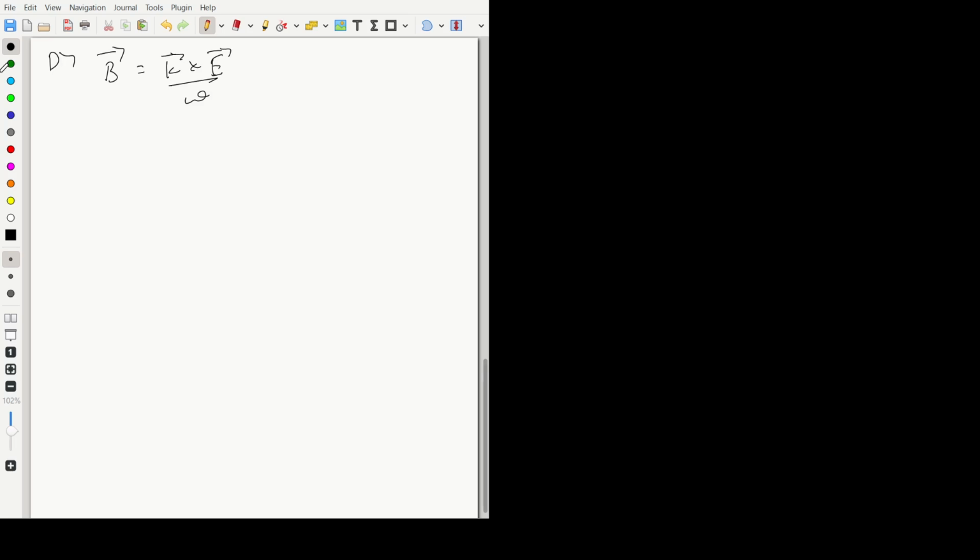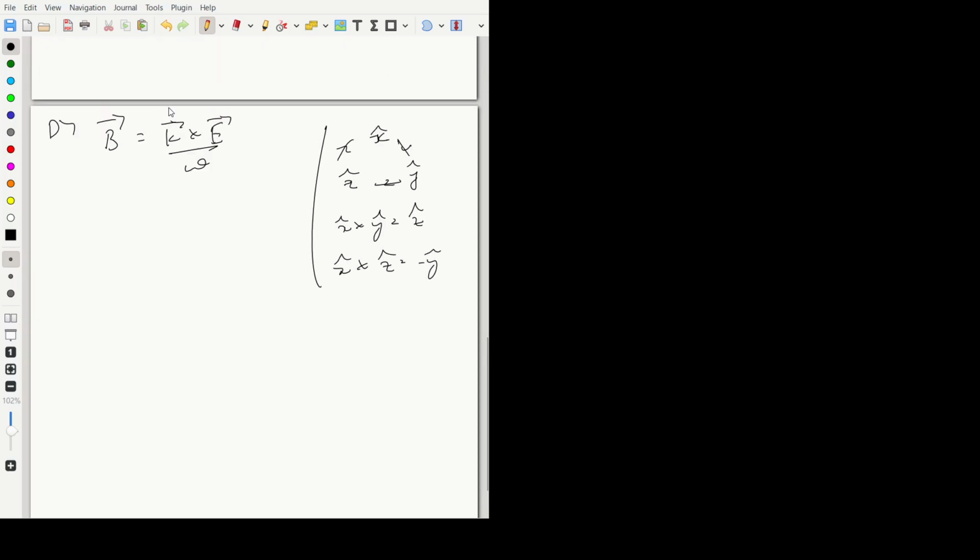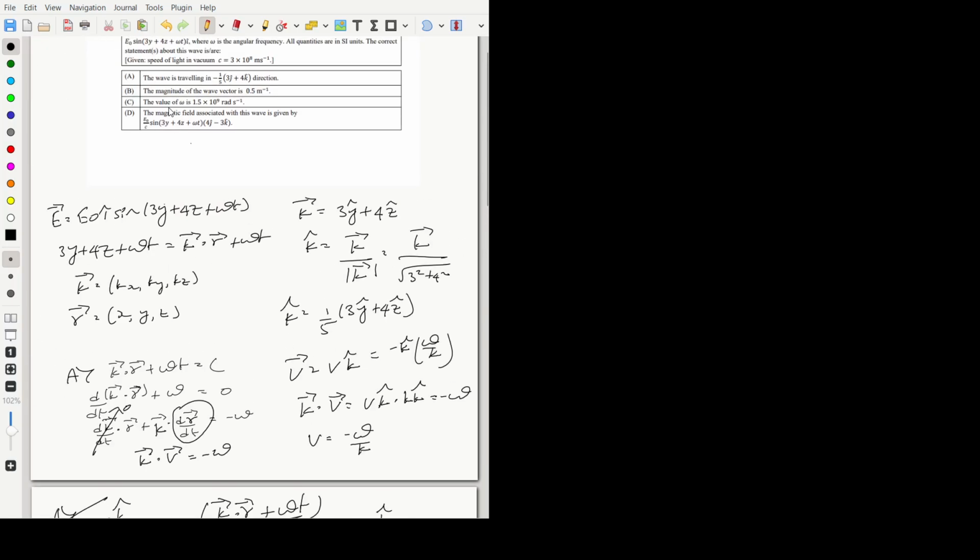You must be familiar with the unit vector cross product rules. If it goes clockwise, for example, x cross y would be z, but if it goes anti-clockwise, so x cap cross z cap would be minus y.